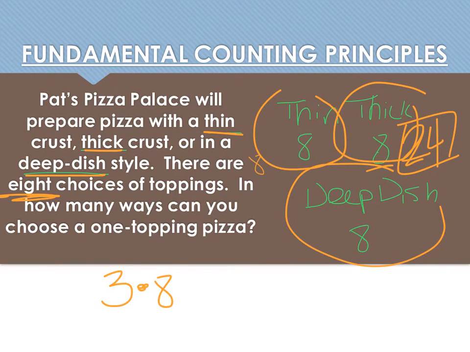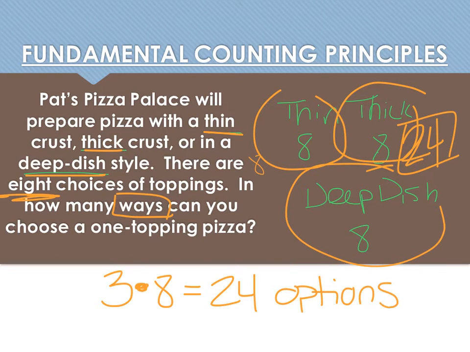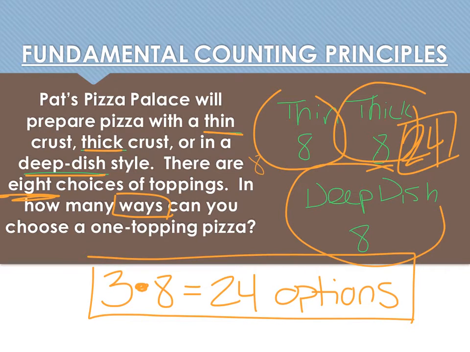If you multiply all of your options together, because you're trying to figure out the total number of ways, all of them together, you'll get all the totals. 3 crusts times 8 toppings is 24 options. This whole multiplying piece is going to be very helpful throughout these next 2 examples. So let's move on to the second one, which is quite a bit more complicated.